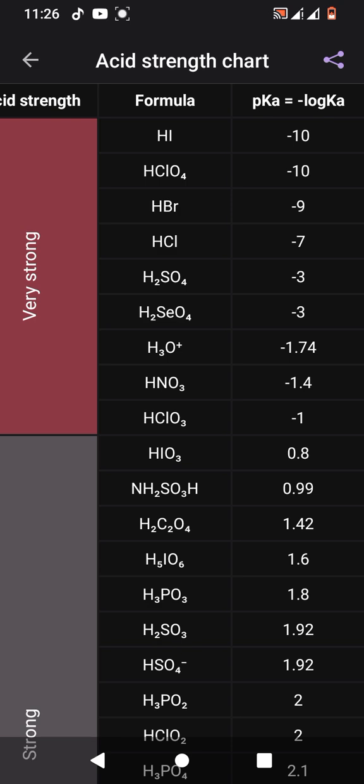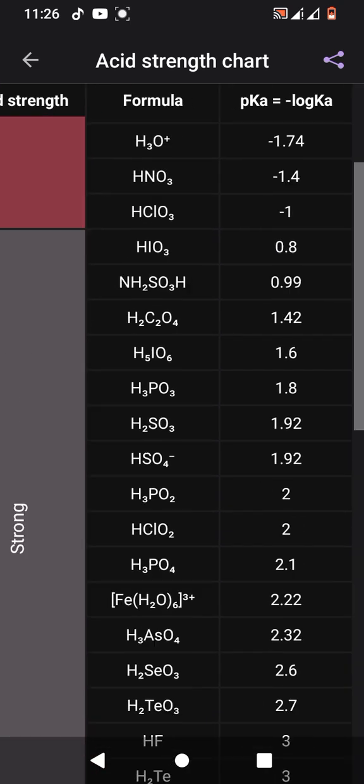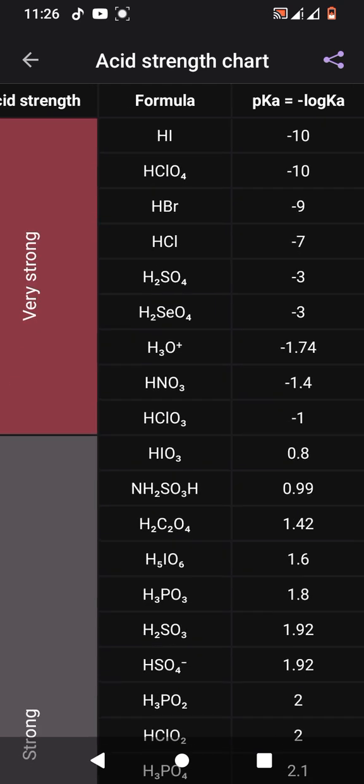Actually, this hydrogen iodide is not the strongest acid available. There are some acids that could literally drill a hole in the ground. So that's why we've got some pretty odd, strange numbers, like a pH of -10. That's possible.